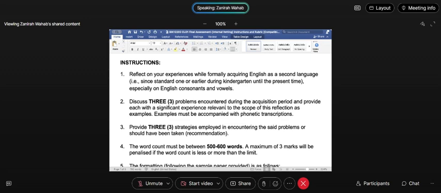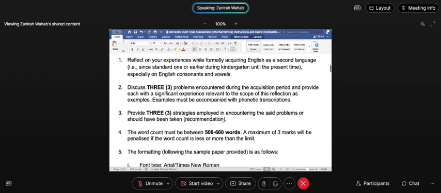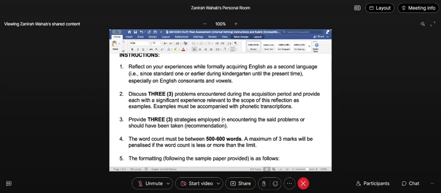Okay, so when you present three issues or three problems, I mean, three mispronunciations, for instance, and other things as well, you must provide three examples. Must provide three examples of how you tackle issue number one.